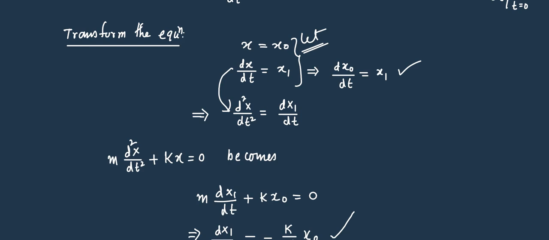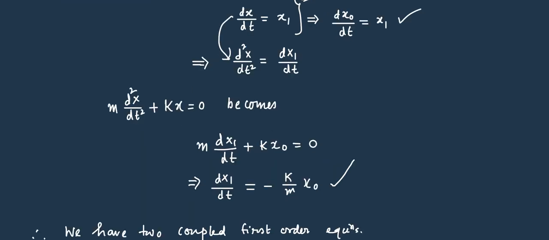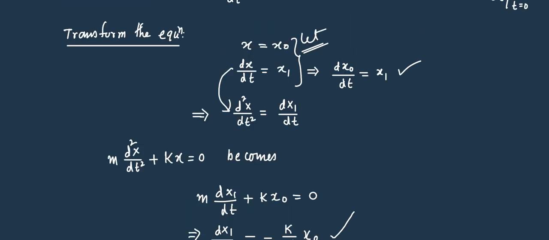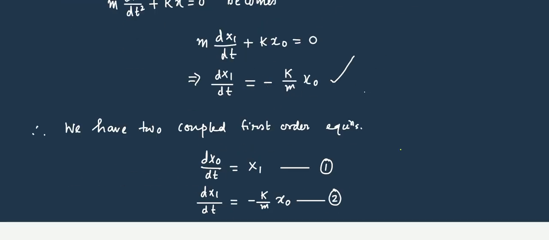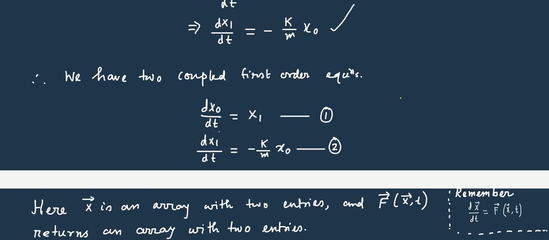Therefore m d2x/dt2 plus kx equals 0 becomes m dx1/dt plus kx0 equals 0, and dx1/dt equals minus k over m x0. This is one equation, and there is another equation, dx0/dt equals x1. Therefore dx0/dt equals x1, and dx1/dt equals minus k by m x0.